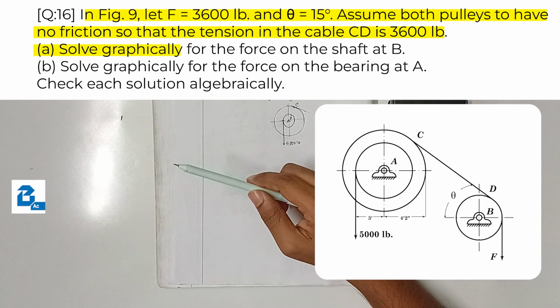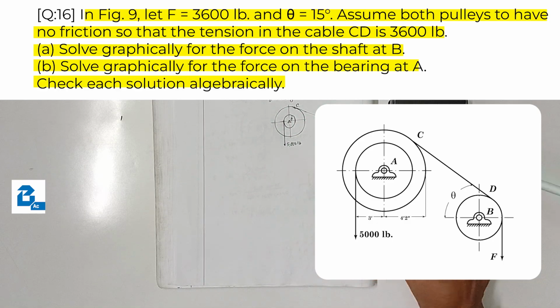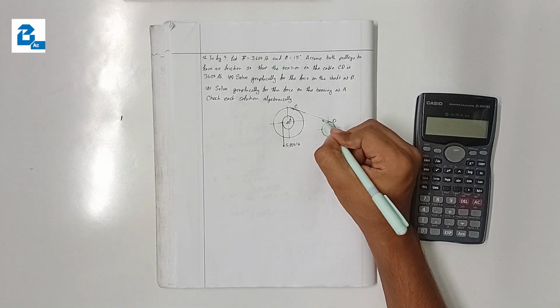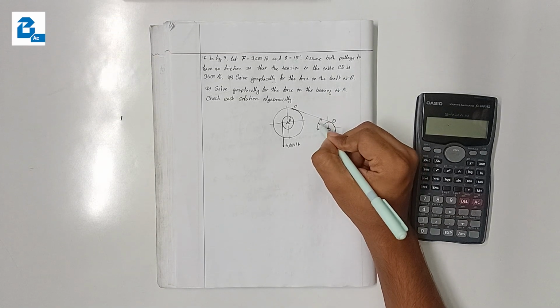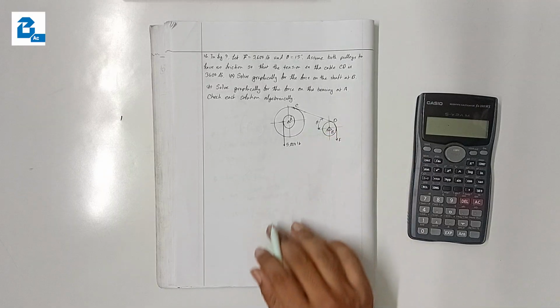Solve graphically for the force on the shaft at B. Solve graphically for the force on the bearing at A. Check each solution algebraically. So here the angle theta equals 15 degree.